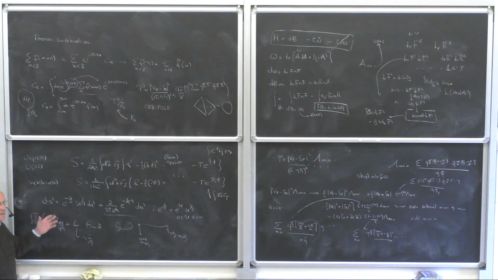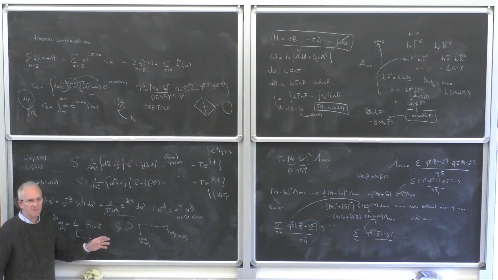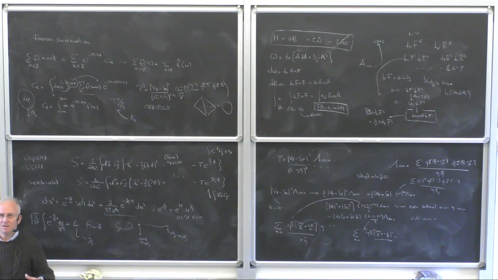Now, there are other solutions that you can find. Some of them resemble the AdS cross S solution that is so cherished in the supersymmetric context. But what happens is that typically there are instabilities in these backgrounds.